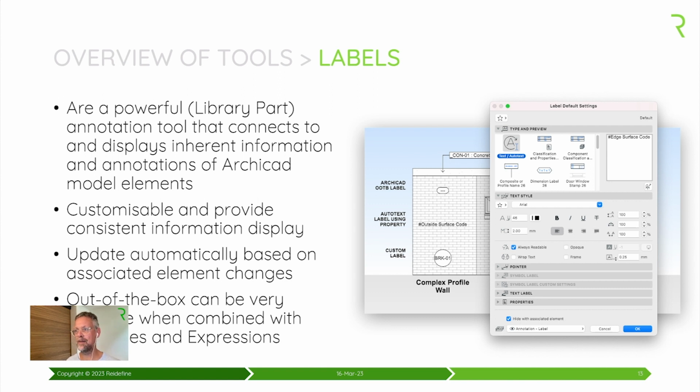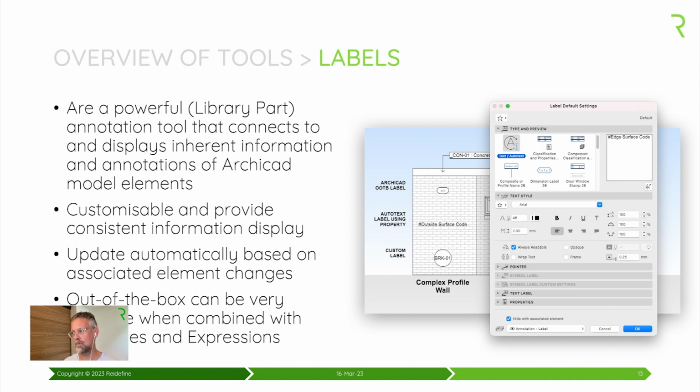So labels, because they're library objects, can be customizable and provide consistent information on your displays, on your outputs. Obviously, because it's inherently connected, they automatically update. If that fire rating changes in the wall, then the fire rating will change in the label, by association.